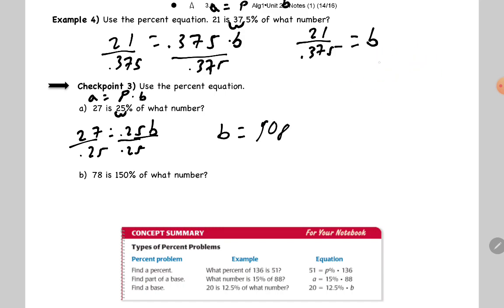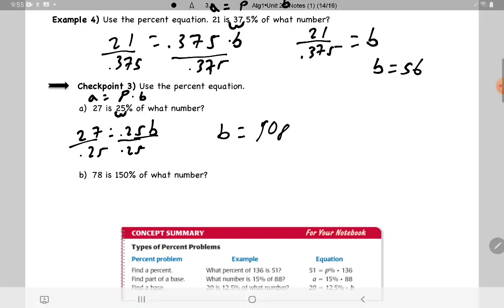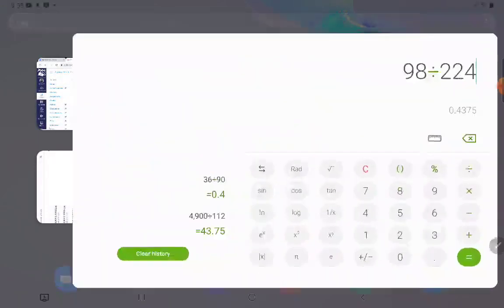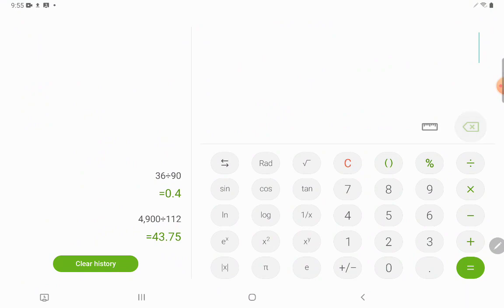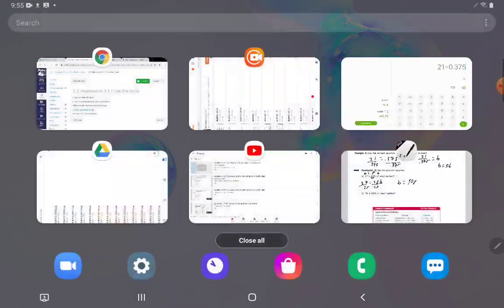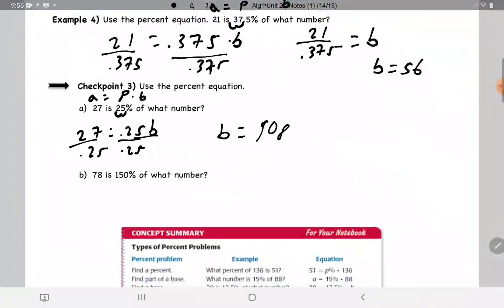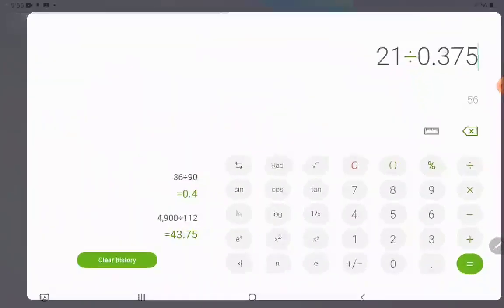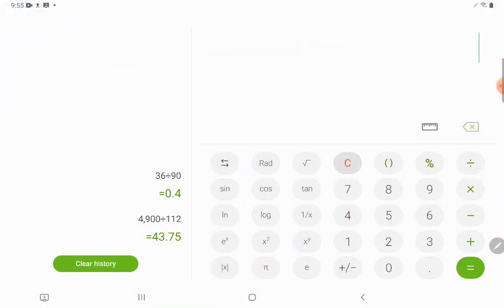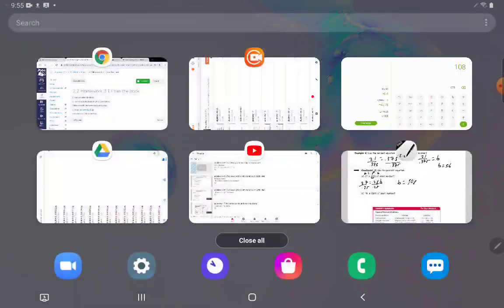I don't even know. Sorry. And just to make sure. 21 divided by 0.375, 56. Okay. And then this one, clear. 27 divided by 0.25, 108.